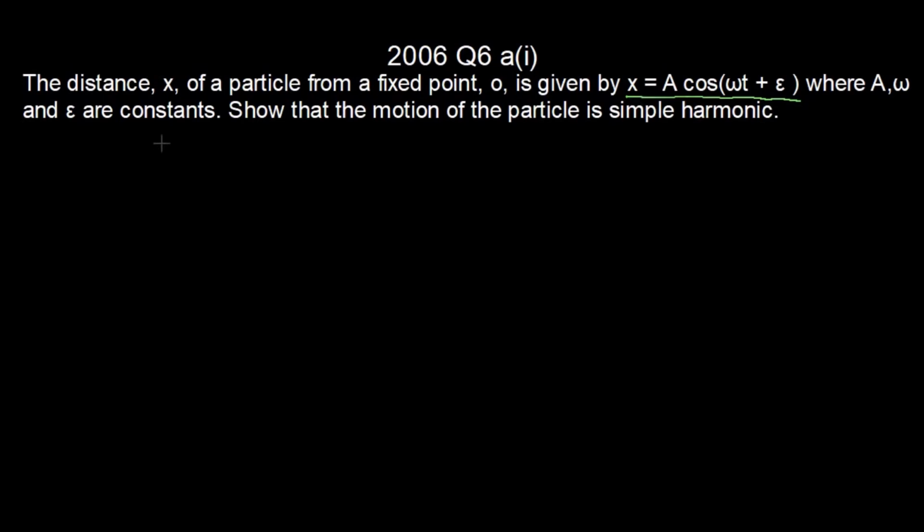So you have x is equal to a cos(omega t plus epsilon). If any of you are in 5th year and you haven't done differentiation, I suggest you come back to this after you've done calculus, because this wouldn't make much sense to you if you haven't done calculus.